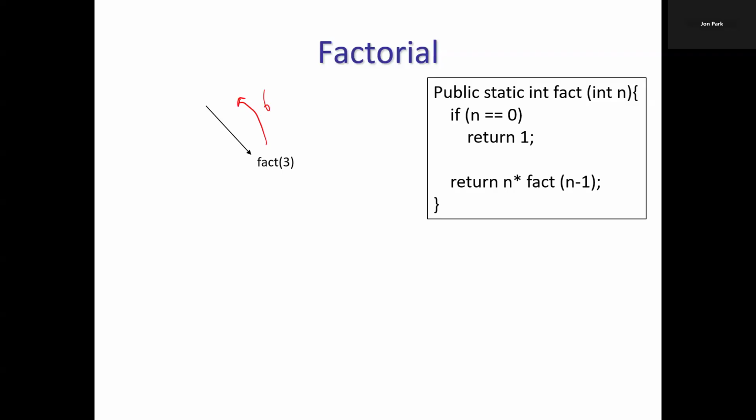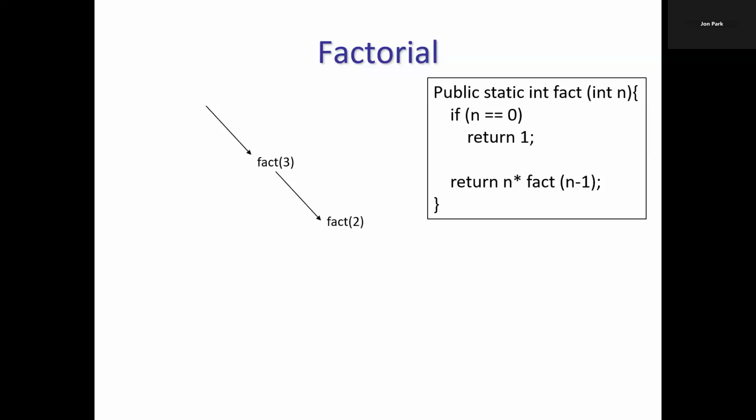But in a recursive method, that's not what happens. Since n is not 0, it's going to try to return n times factorial of n minus 1. But to execute this line, this call has to finish first. So Java actually makes another call to fact.